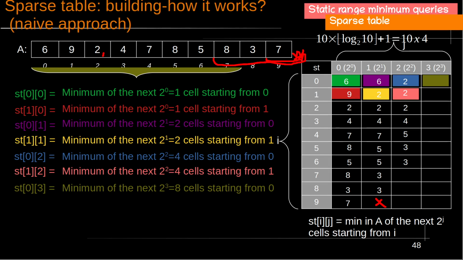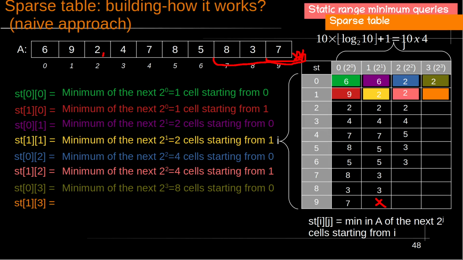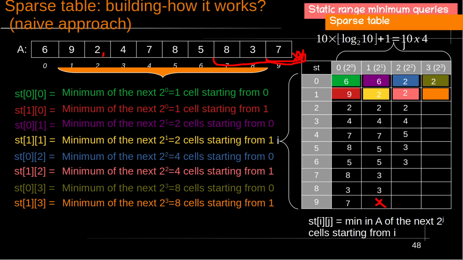So the minimum there is 2. And ST[1][3] is the minimum of the next 2^3 cells, starting from 1, which is these cells, from 1 to 8. The minimum is this 2.